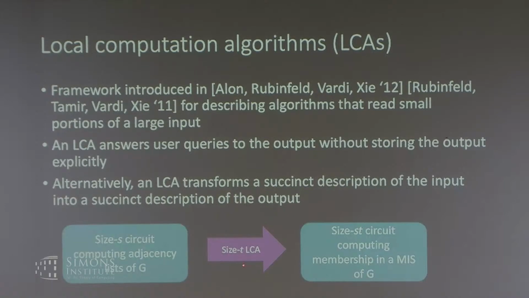Then, if we have an LCA that's a circuit of size t, we can output a size s times t circuit that computes, for example, if the LCA is for MIS, membership in the independent set. So now you feed in a vertex x, and you learn whether or not it's in this particular maximal independent set. This size is s times t, because you can think of it as taking the circuit for this LCA, taking every adjacency list query, and plugging this circuit into that query. You get s times t.